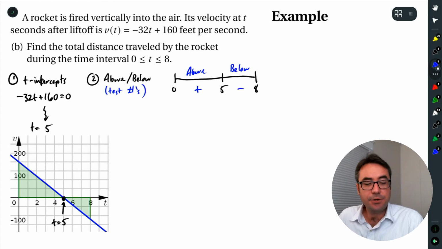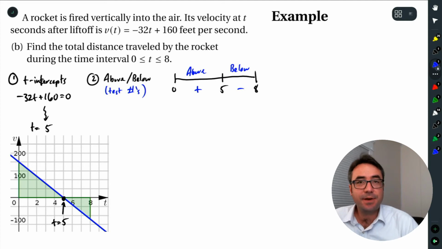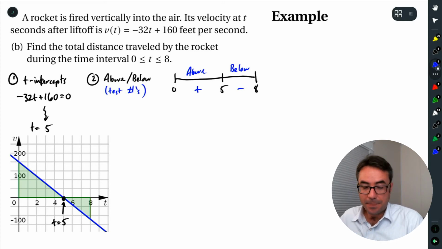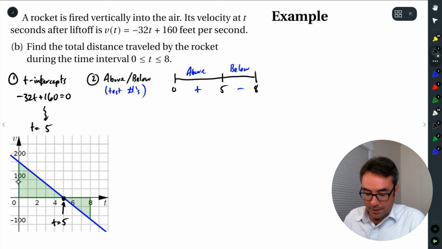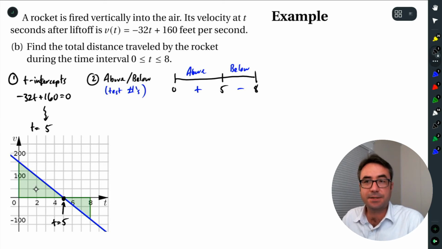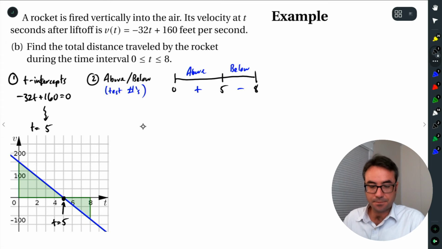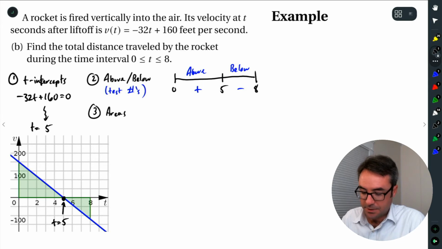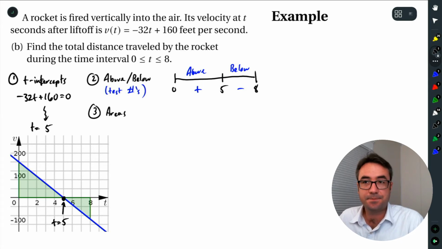And so to find the total distance that we travel, we really want to figure out, what is the area above the horizontal axis? And what is this area here? So we really want to find the areas.